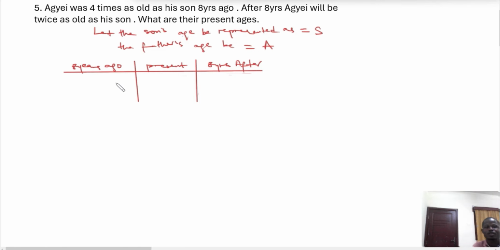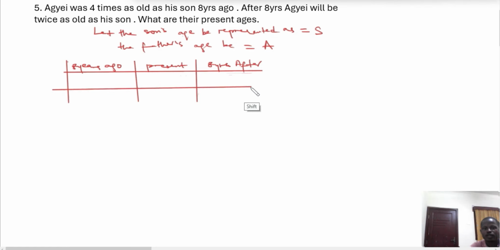8 years ago, we don't know the son's age, so let's illustrate it with a separate line.